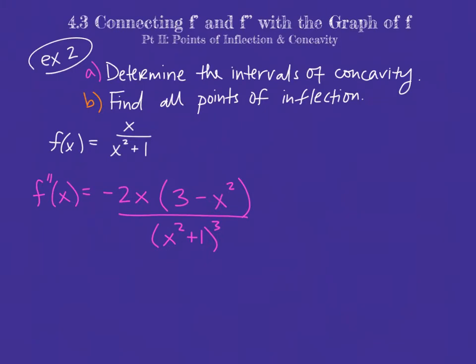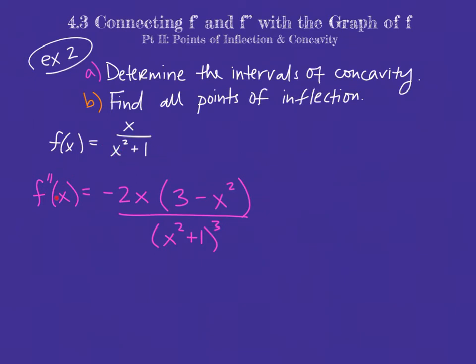Cool. So our next step is to figure out where f double prime is 0 or where it might be undefined. Now, we need to make sure that wherever we find that f of x is differentiable there. If we take a look at f of x, it does not have any points of discontinuity or non-differentiability, so we are okay. Our denominator can never equal 0.